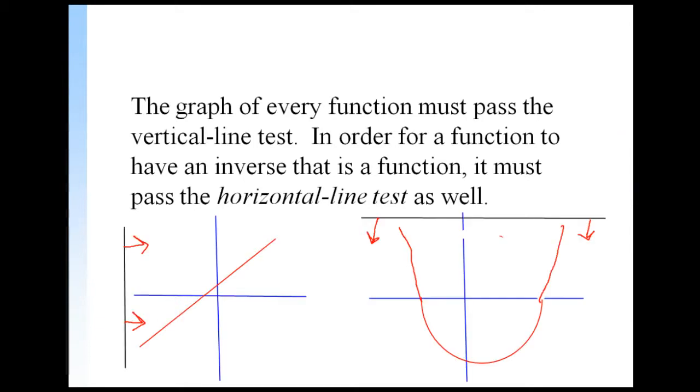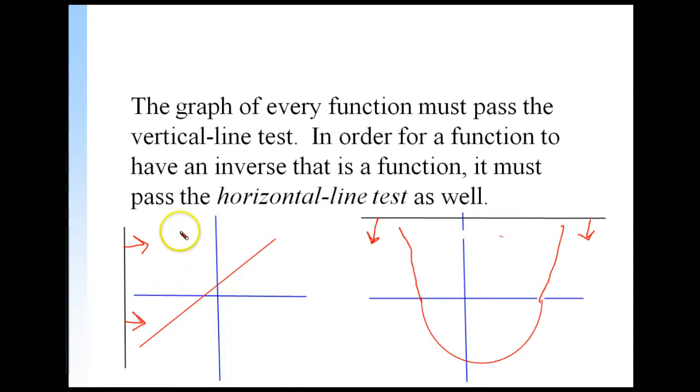Okay, I did some preparation on this slide. The vertical line test, you recall, is we take this very thin vertical line and pass it over the face of our graph. Does this vertical line intersect this graph in more than one place?